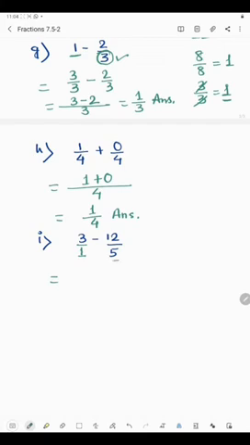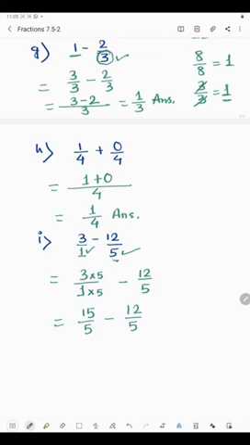Now here we have 5. Now how will you make this as 5? What should you multiply to 1 to get 5? It's 5. Now the same number to be multiplied to the numerator. Okay, so minus 12 by 5. So 3 into 5 is 15 and 1 into 5 is 5. So 15 by 5 minus 12 by 5.